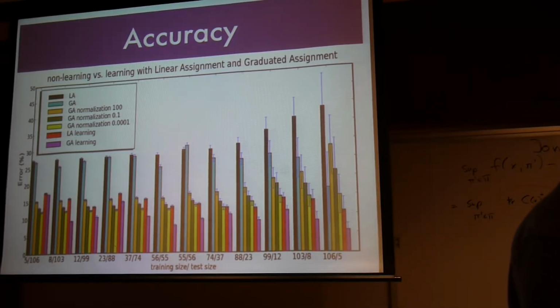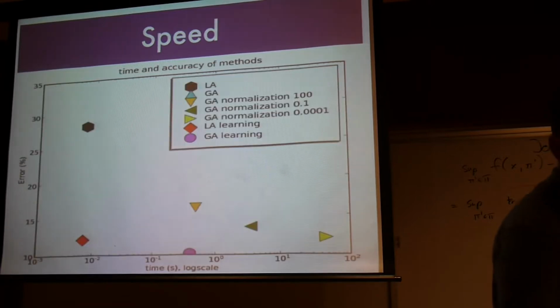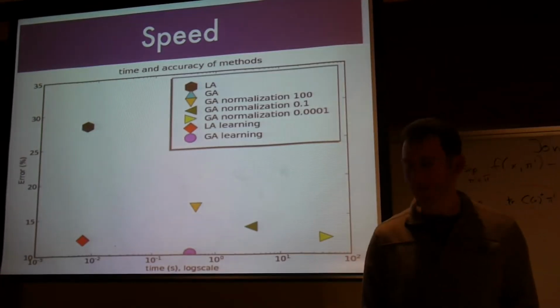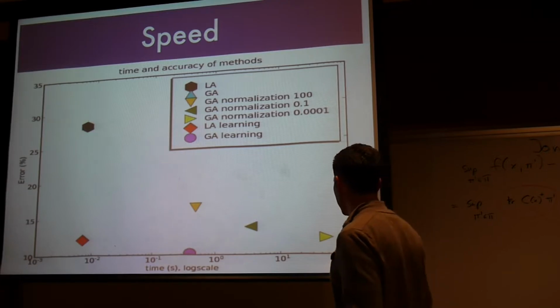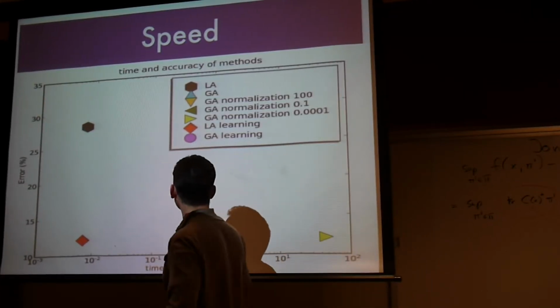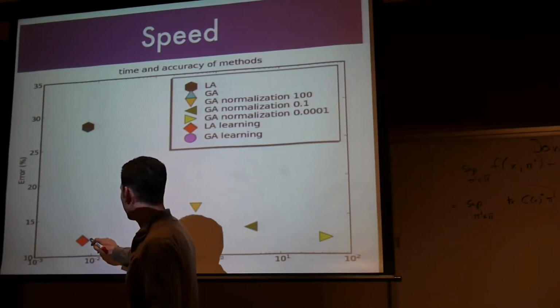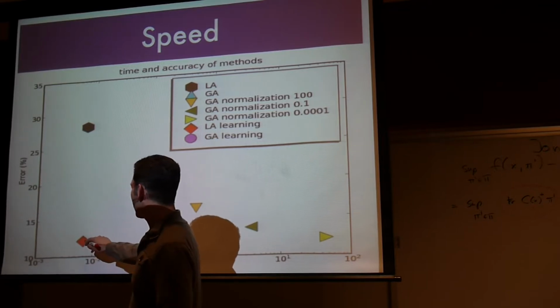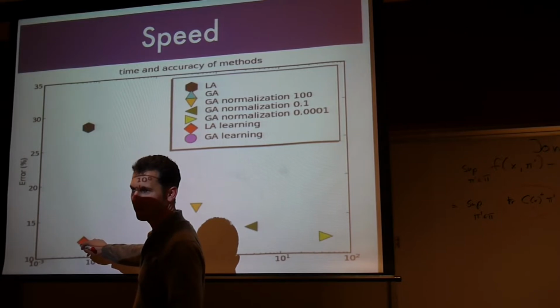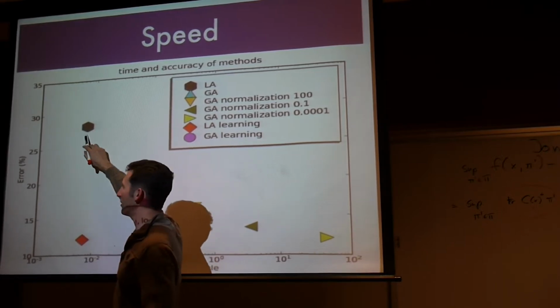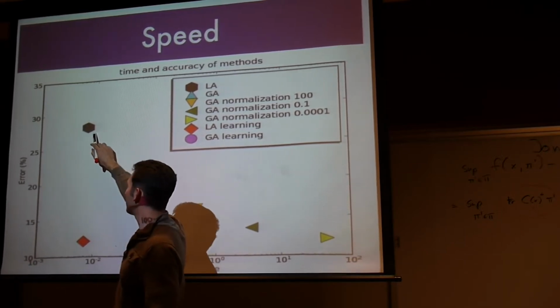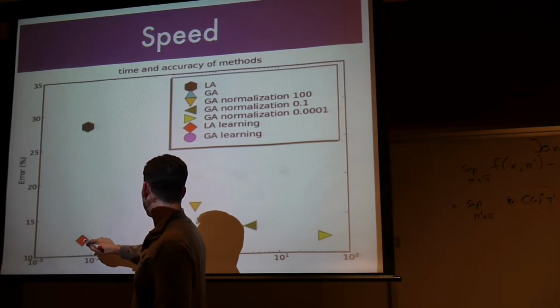And I mean, the specific numbers aren't really important. What's a little bit more interesting is this graph here. If you look at how much computational time you spent, linear assignment and learning, this is the error rate that you get. It's very low, and it's the fastest of all algorithms. If you don't use learning, you get something that's fairly mediocre. If you use learning, you do better.